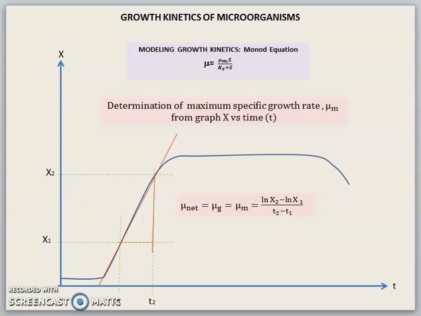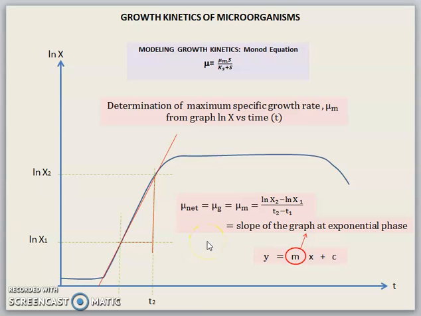Okay, so if you're using the Excel graph, then from the linear line equation obtained for the data plotted at the area of the exponential phase, only at the exponential phase, we just take the slope value from y equals mx plus c.